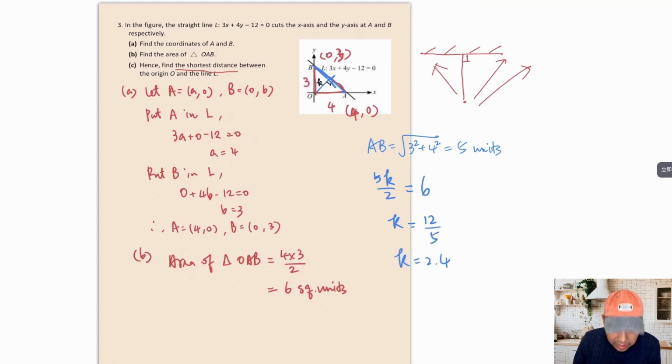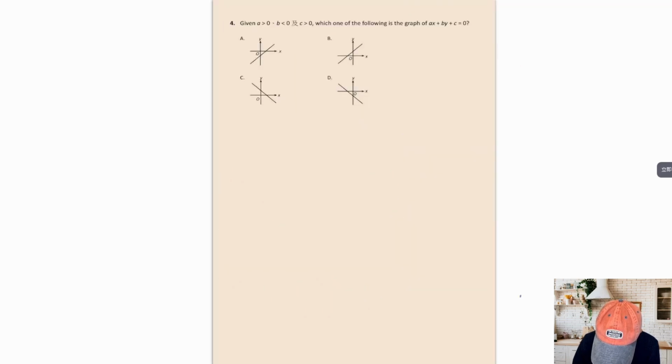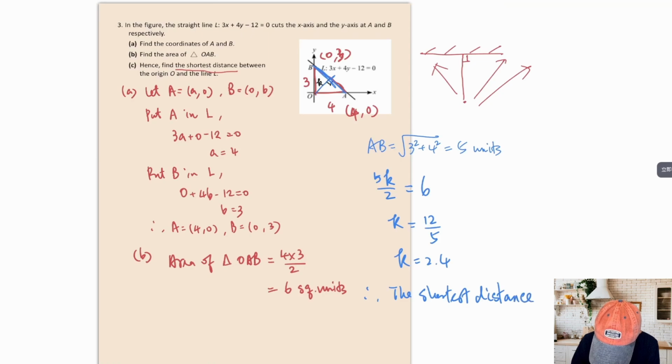So we can answer this part: the shortest distance is 2.4 units. But before that, of course, we need to assume that the shortest distance is K.